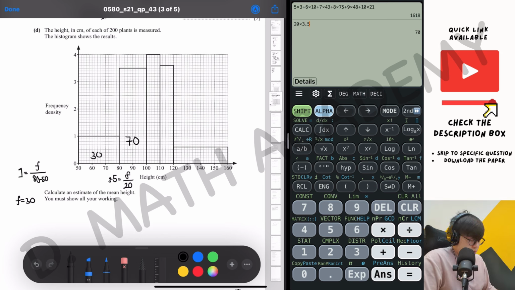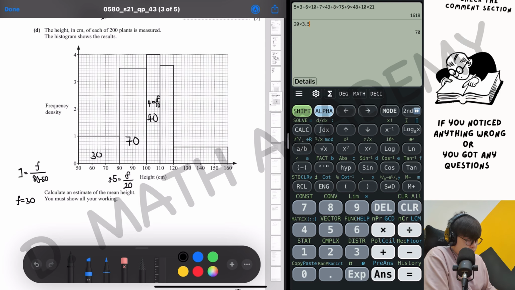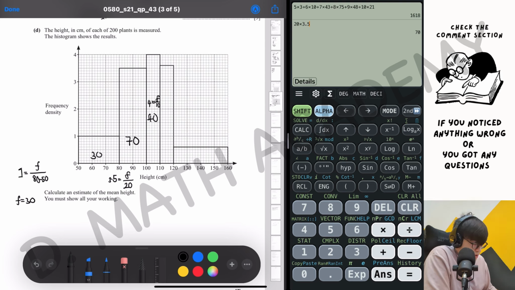Then for the rest, you will have 4 equals the frequency over 10. So this will be 40. As for the other one, this is 3.6, so for this, it will be 36. And then the last one is actually 0.6.